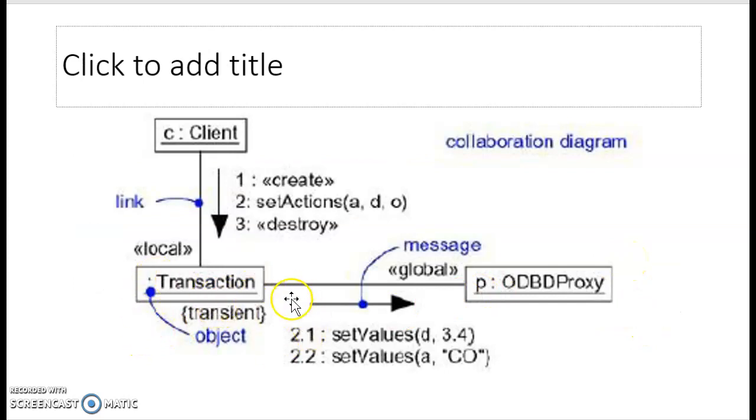So let us see about the collaboration diagrams in which the client, transaction and ODBT proxy, these are the objects which are being used. Now the sequences of the methods which are being carried out, like first one is create, then set actions, and 1, 2, 3. So this is the way in which the methods are being sequenced over there by numbering technique.